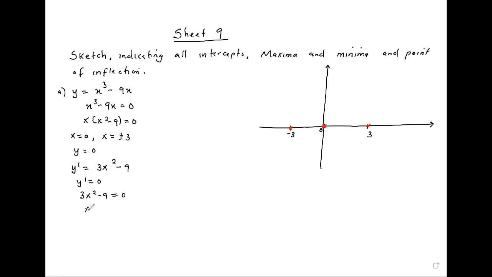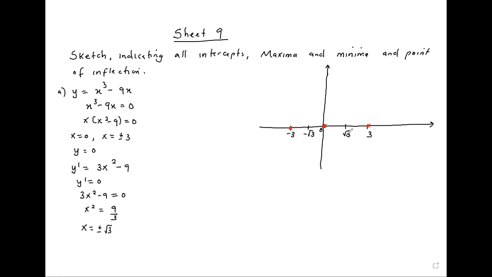So x squared is equal to 9 over 3, so x is equal to plus or minus root 3. So negative root 3 and positive root 3 will give us the turning points.